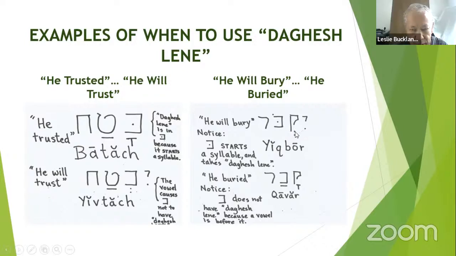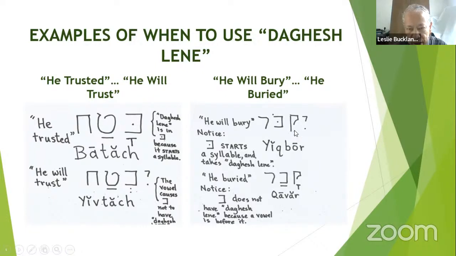All right. No, it doesn't apply to this one here. You see, the vowel must come immediately before this particular consonant in order for it not to take a dagesh lene. But if it is over here at the beginning of a word, it's not going to affect dagesh lene in it.